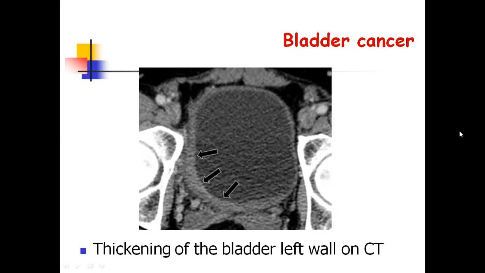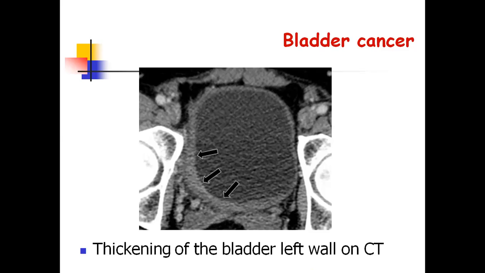Another type of bladder cancer may show only thickening of the bladder wall, for example, of the left wall in this case, and no tumor lesion.